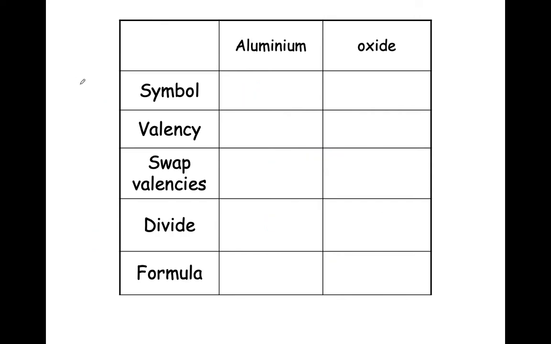So we'll do it one more time. So step 1 is symbol. The symbol for aluminium is Al. The symbol for oxygen is O. Step 2 is valency. Aluminium is in group 3, so it has a valency of 3. Oxygen is in group 6 and it has a valency of 2.